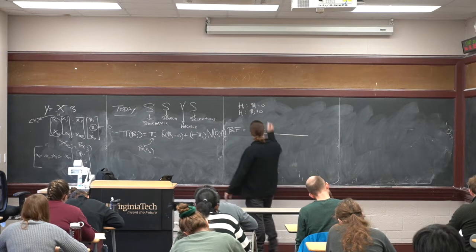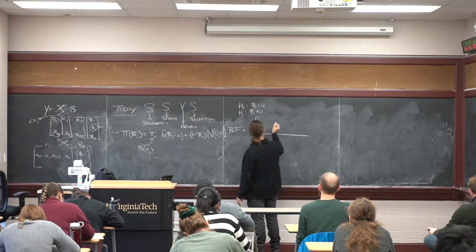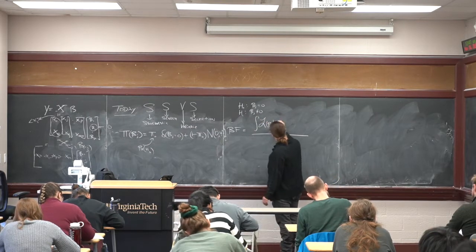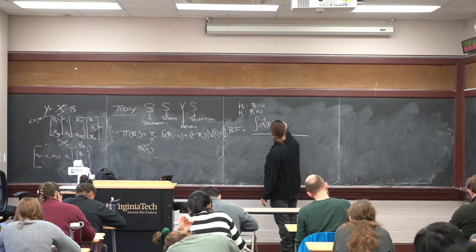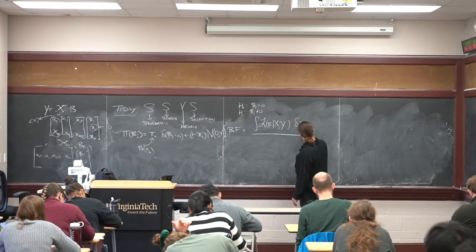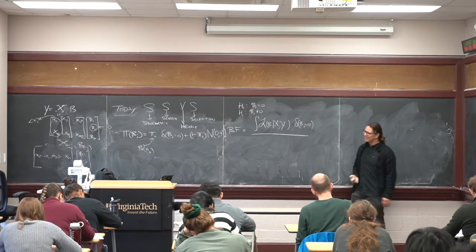So our Bayes factor is going to look like this. I'll have my likelihood, my betas, given x and y, times my, in some sense, I say it this way.